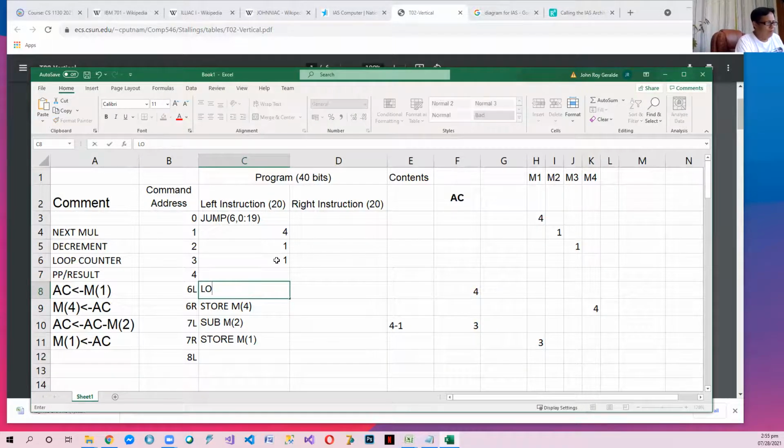If you load M4, M4 is still blank. Kasi kung gamitin natin, if you'll make this a 4.